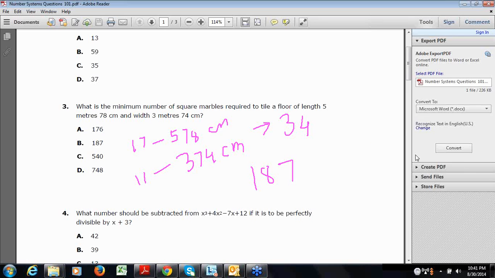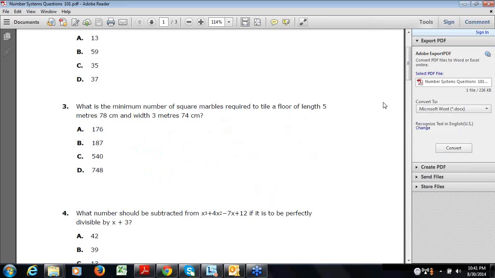See, whenever you have a confusion, always draw a figure. This is 374 and this is 578. So their HCF is 34. We have to maximize the square marbles.